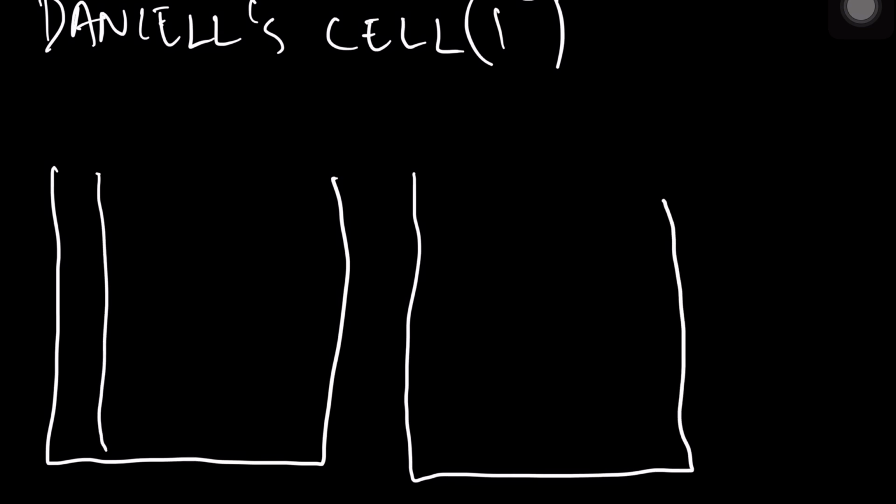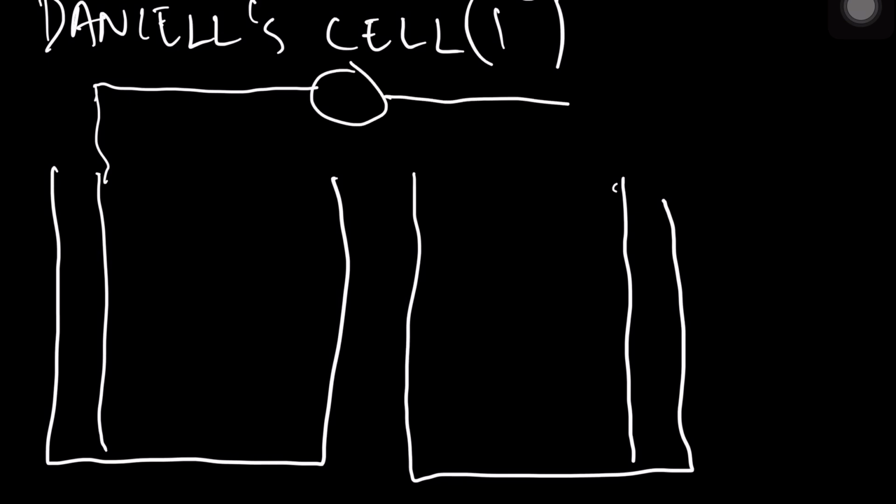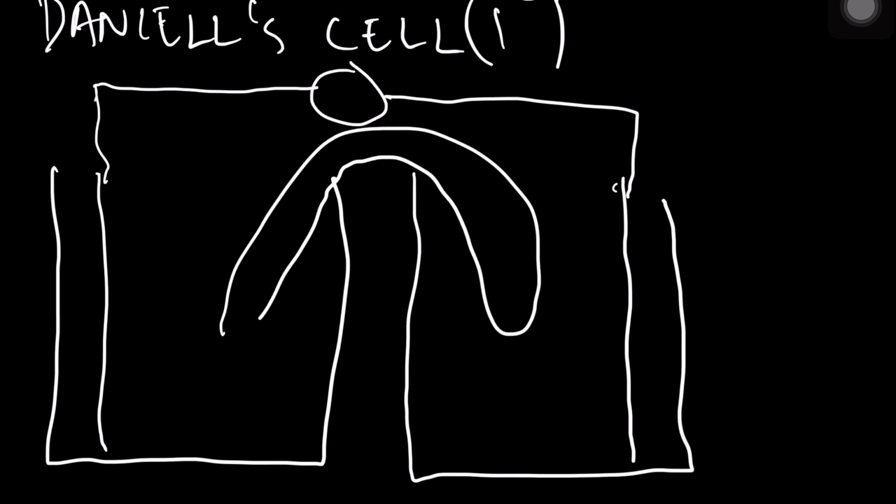This is our anode, cathode. We have some electrical wires over here. We have a salt bridge, which is made of potassium chloride, and we have some electrolyte. Let's just label this KCl.